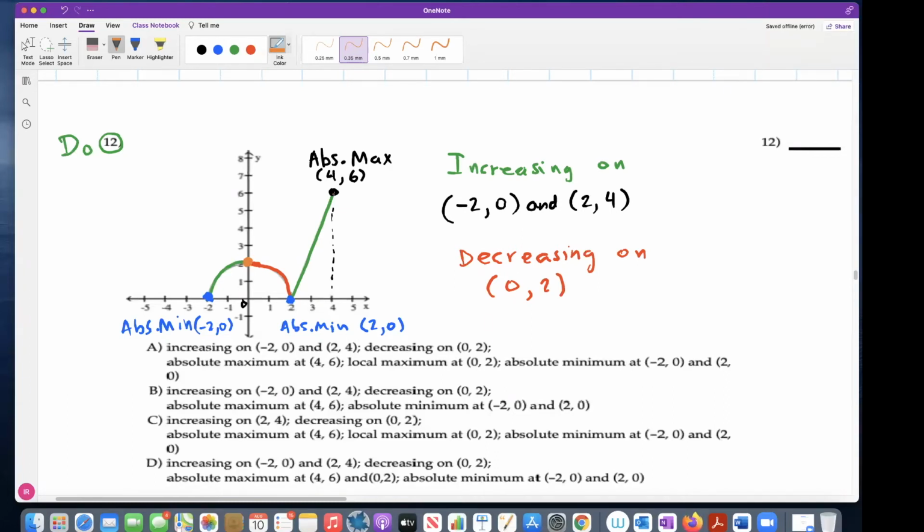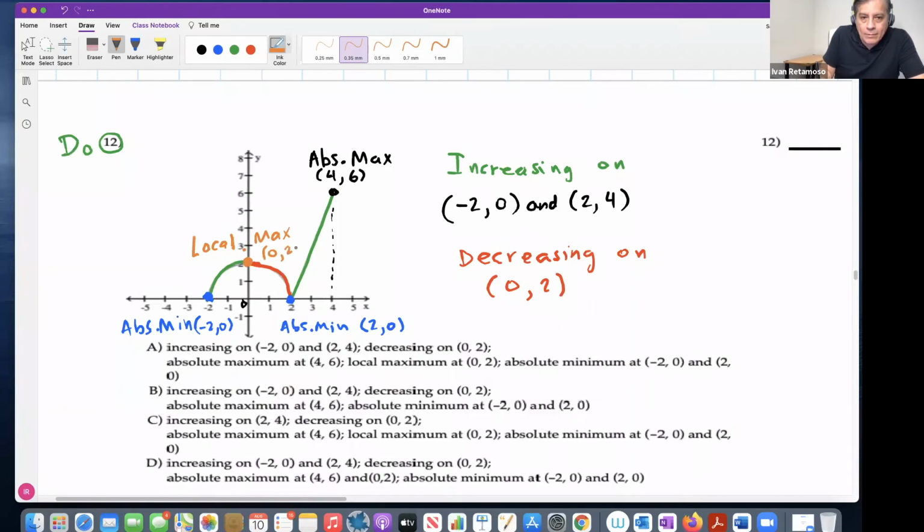But it's not the highest of all output values, but it's the highest of all output values around 0, on a neighborhood of 0, right? So this is one of the positions called a local max, or sometimes also called relative maximum, right? Same idea, same word, local and relative, local max at 0,2.